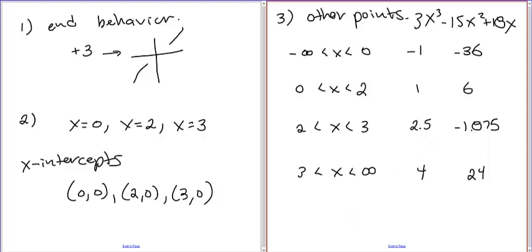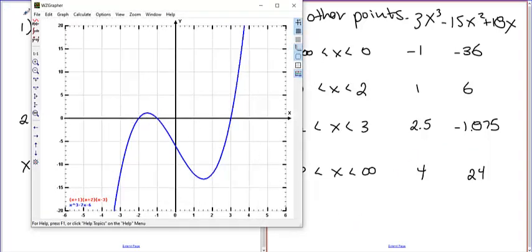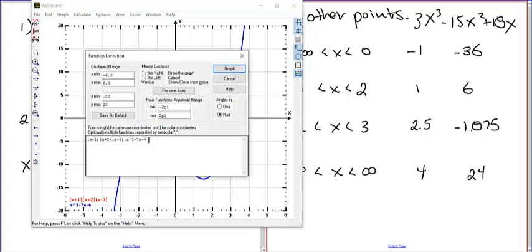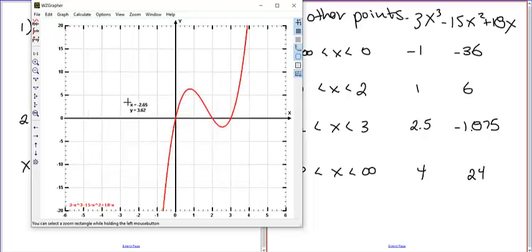Well, let's plot this graph just to make sure I haven't made a mistake. 3 times x cubed minus 15 times x squared plus 18 times x. Plot that thing. So here it is. So 0, 2, and 3.